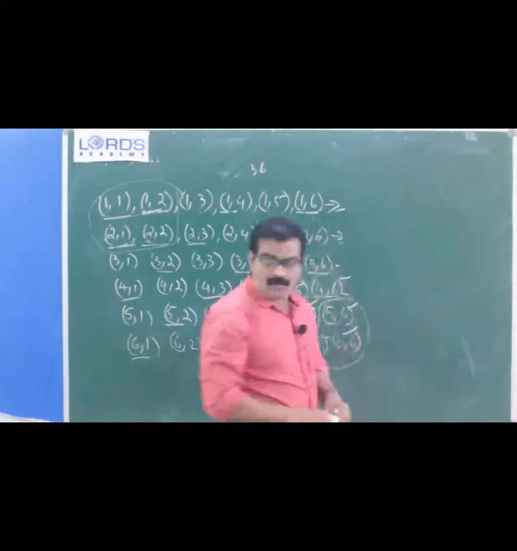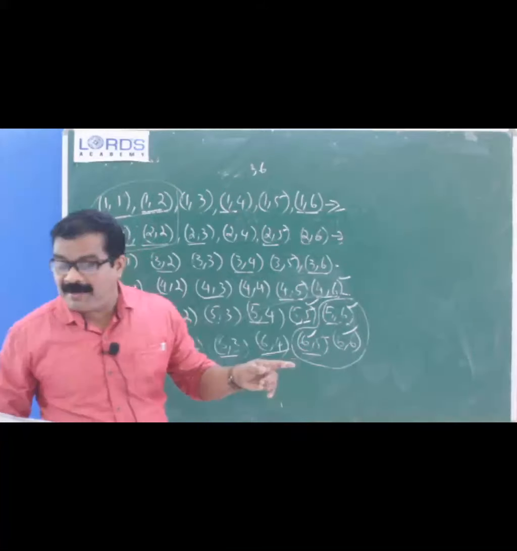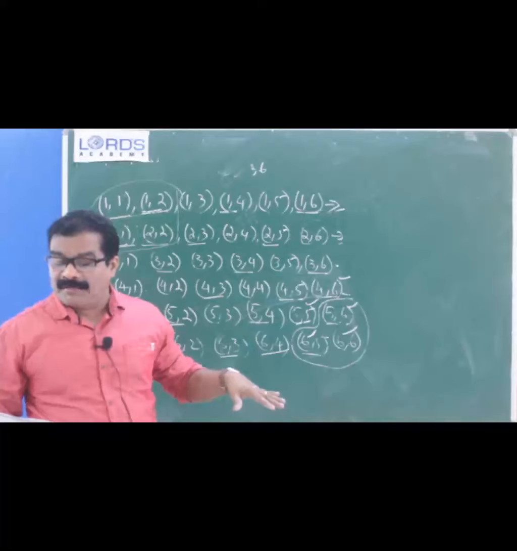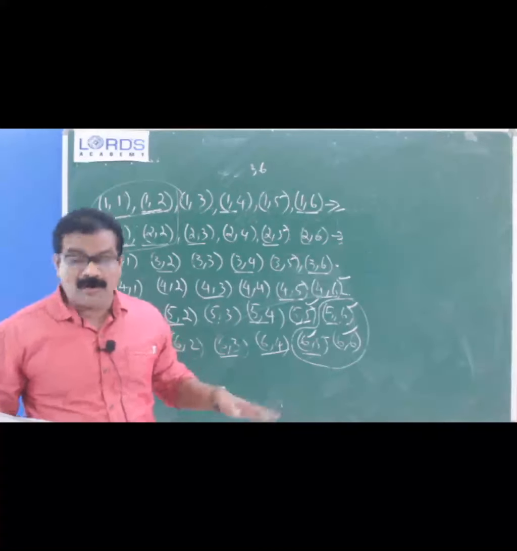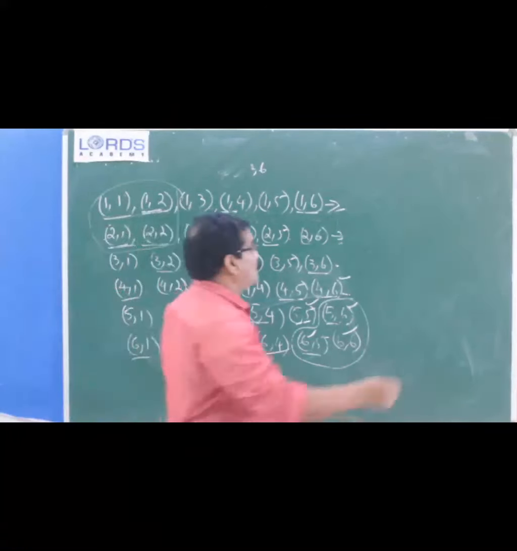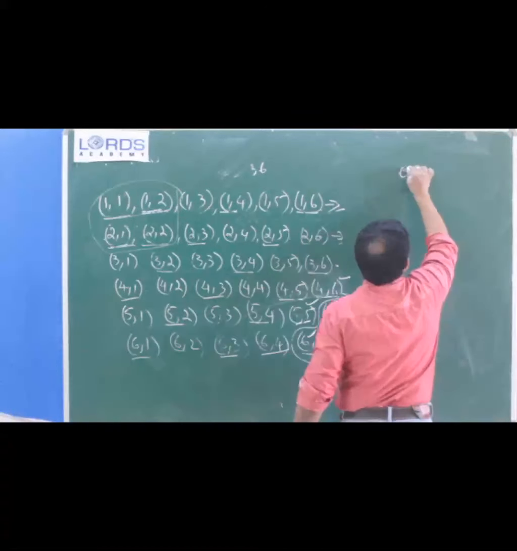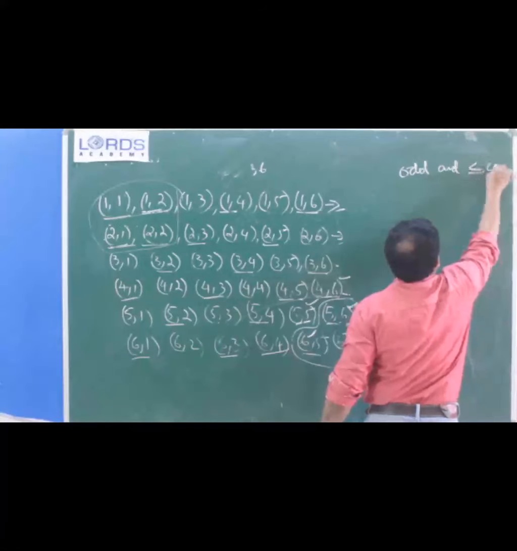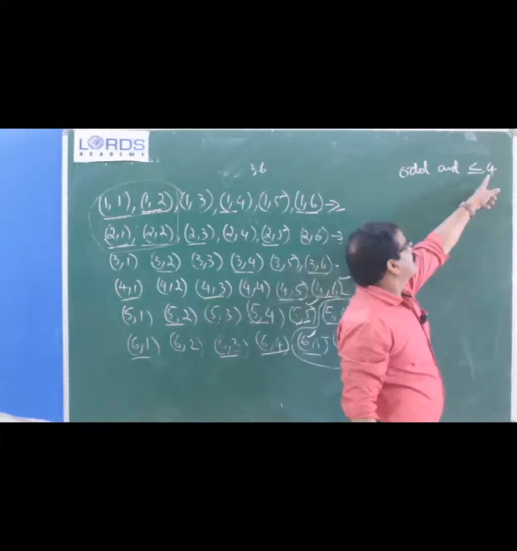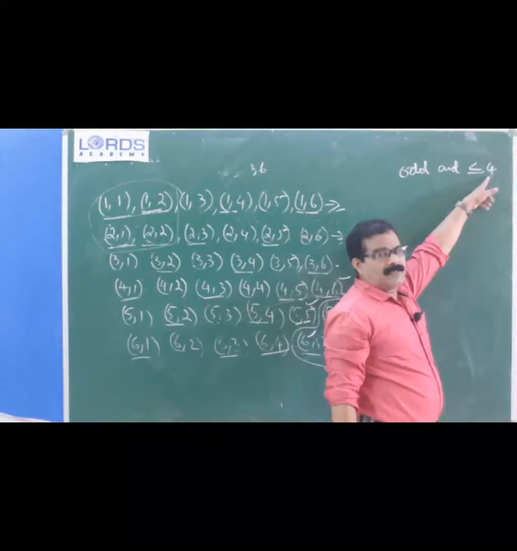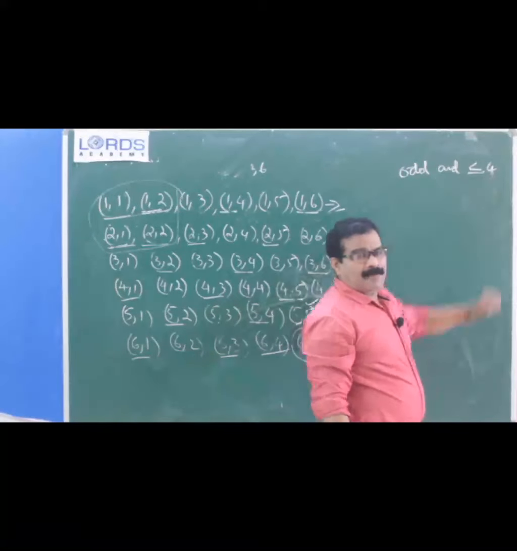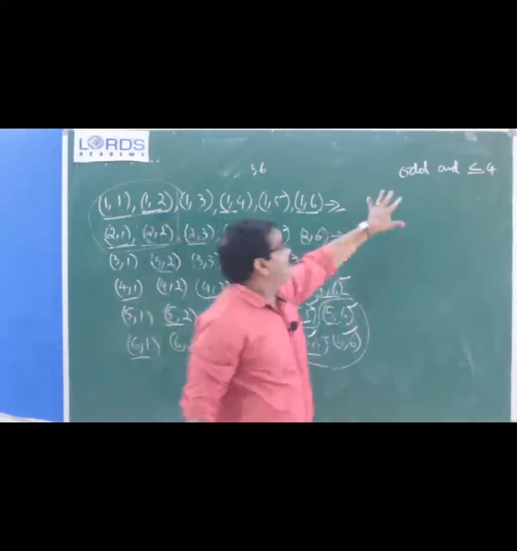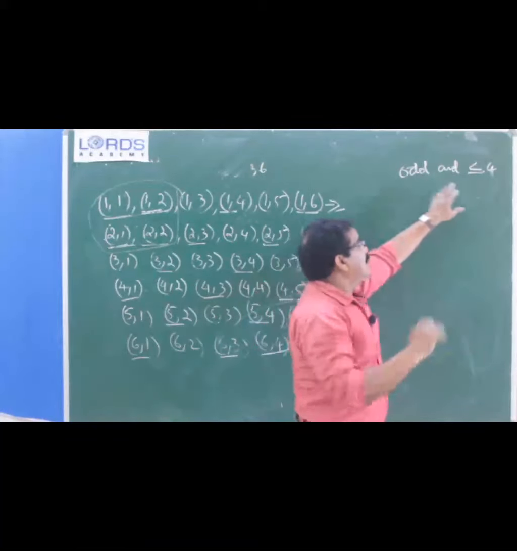The condition is this: only on one die there should be an odd number and the other should be less than or equal to 4. That means 4 is included there. One side odd, other side should be less than or equal to 4.